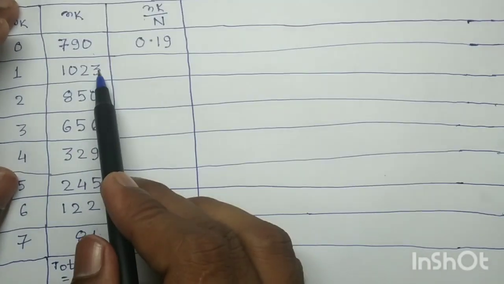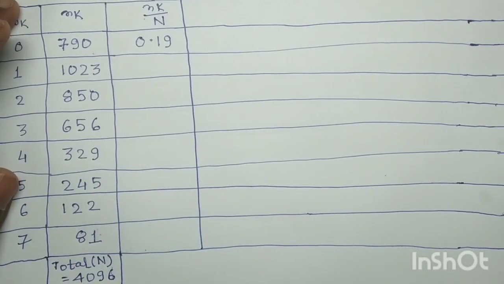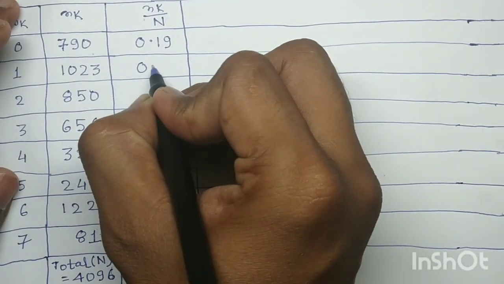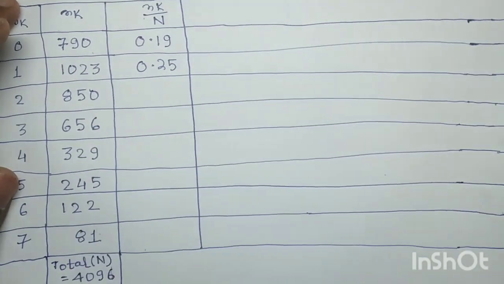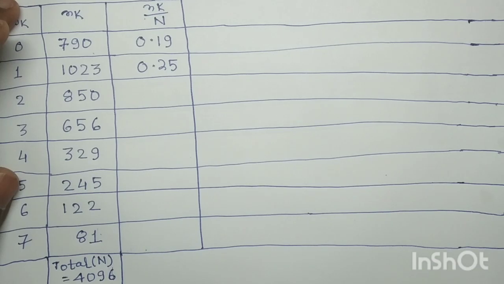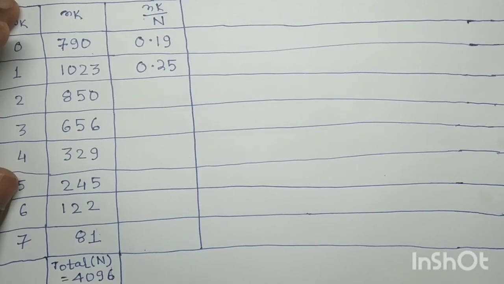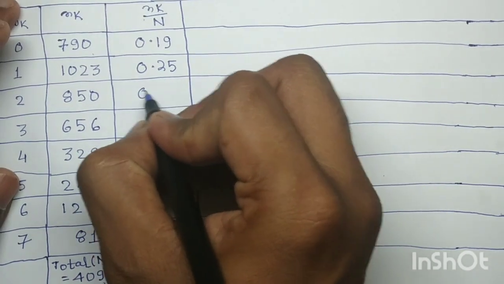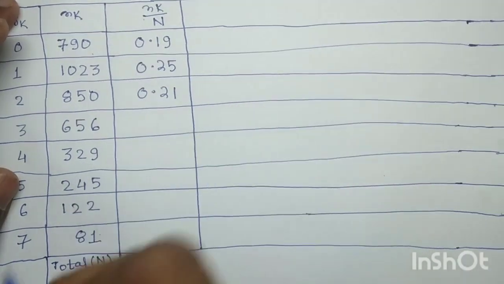Next, 1023 divided by 4096, numerically it is 0.2497, and up to 2 decimal places it is 0.25. Next, 850 divided by 4096, numerically it is 0.2075, and up to 2 decimal places it is 0.21.